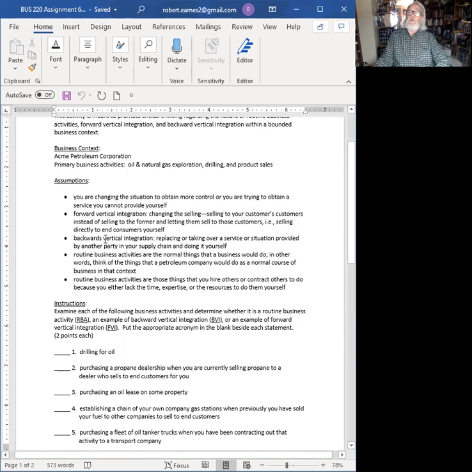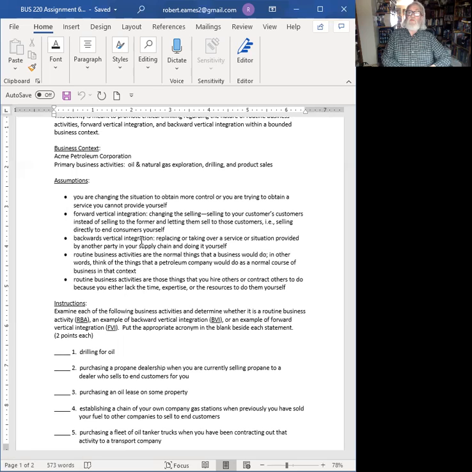Now, backward vertical integration is completely different. You're going backwards in the sense that you're looking at your supply or distribution network of players, other companies, individuals, whatever they are, that are providing some sort of services for you. You can't afford or don't have the expertise to do certain things, and you outsource it. You have another company do that for you.